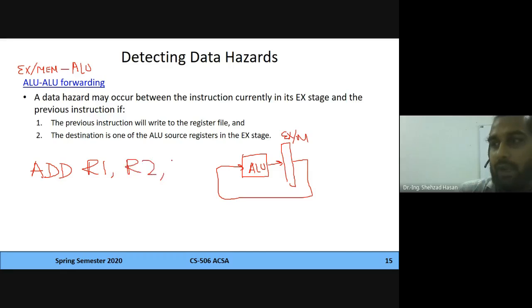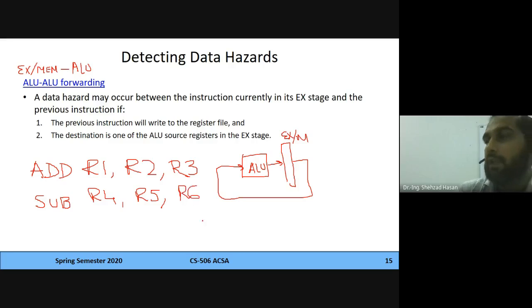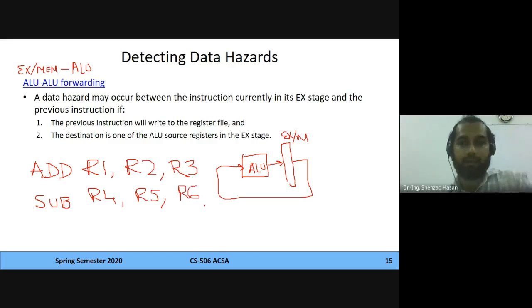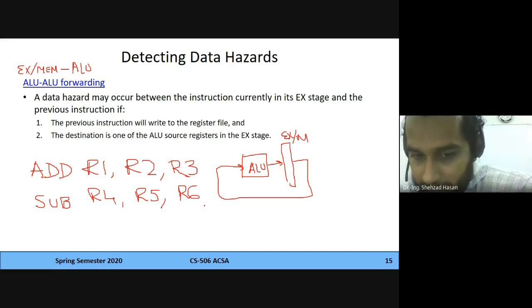Add R1, R2, R3, and subtract R4, R5, R6. So what about this sequence?